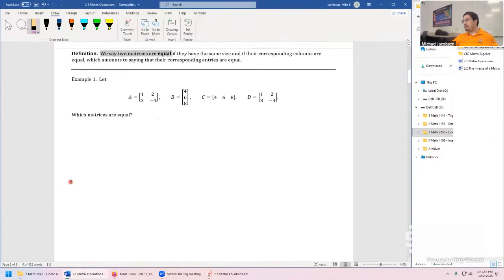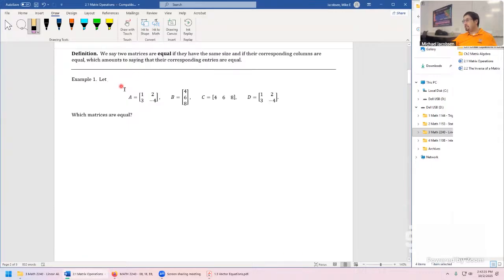So this is actually the very first spot we've talked about what does it even mean for a matrix to be equal. We've informally said what it means, but here's the definition. 2 matrices are equal if they have the same size, so that's very important, and if their corresponding columns are equal. Or said another way, you have 2 matrices equal if and only if every single corresponding entry is identical.